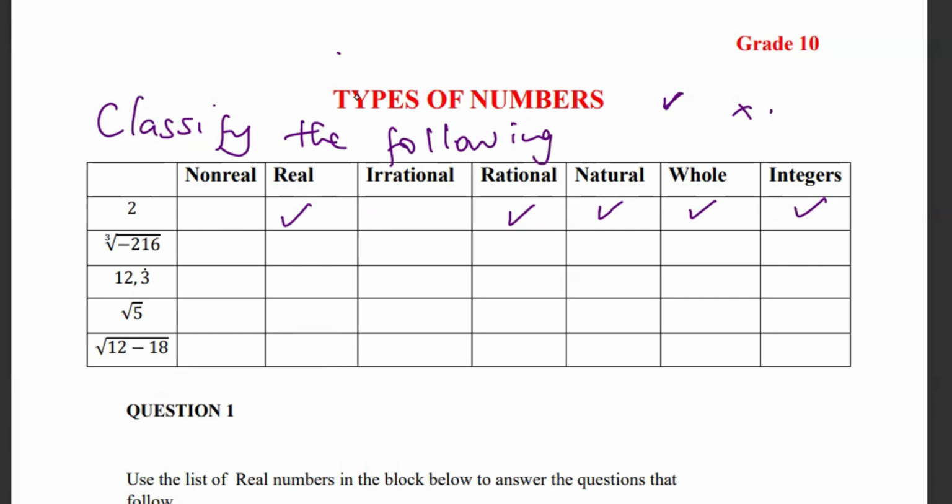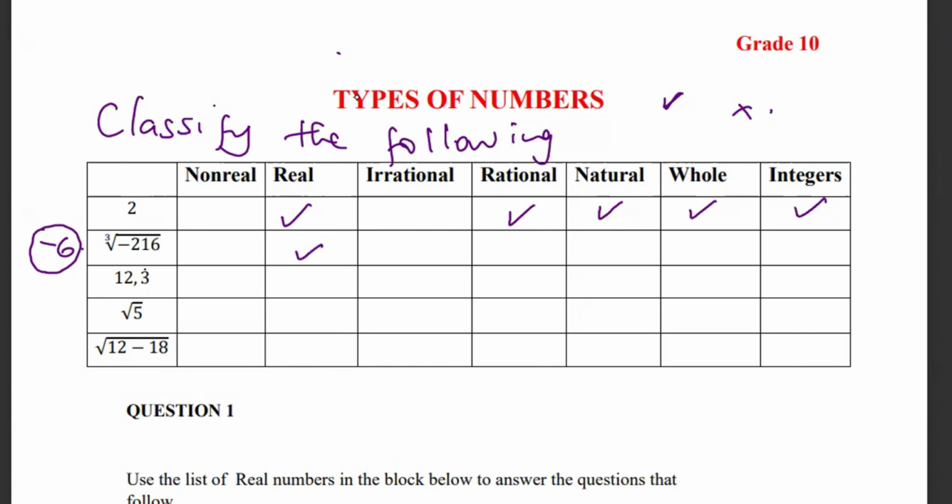Then next we have the cube root of -216. What we need to do here is simplify this. We know that the cube root of -216 gives us -6. So it is this -6 that we shall be considering under the different properties. -6 is a number that is real.